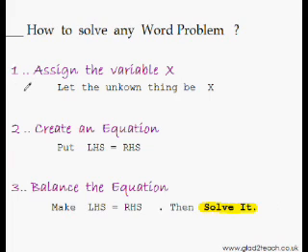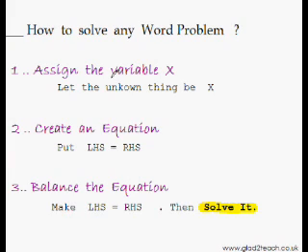The first step is always to assign the variable x. That is, we always start by saying that let the unknown thing be x. As simple as that. The second step would be to create an equation. That is, we put something on the left hand side and we put something on the right hand side.